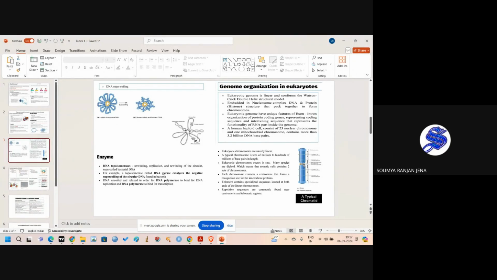The end part of this chromatid is called the telomere, and this telomere contains specialized sequence located at both ends of the linear chromosome.